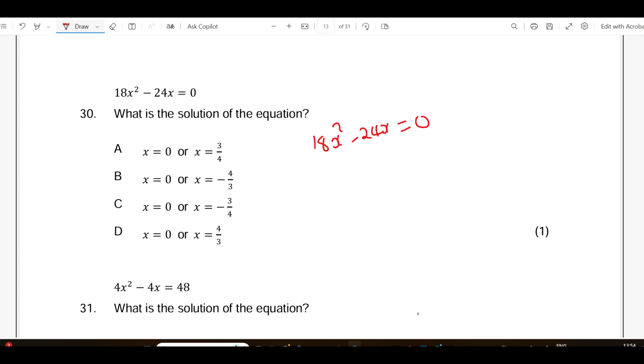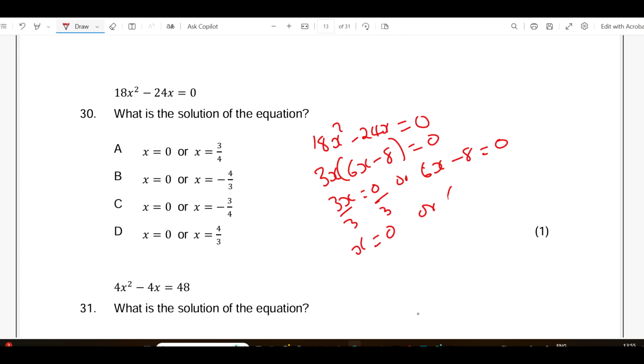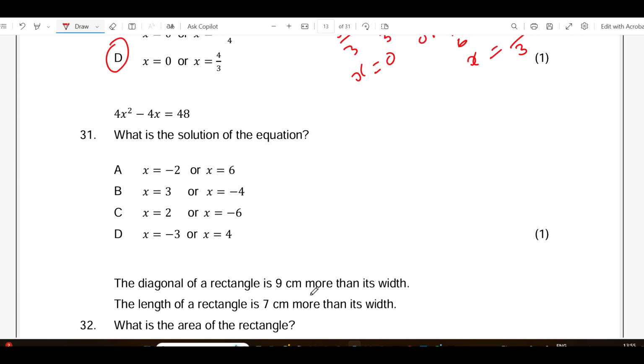The lowest one here is going to be 3x. 18x squared divided by 3x is going to give me 6x, minus 8 equals 0. 3x equals 0, or 6x minus 8 is going to be 0. I divide by 3, 3x is 0. Or 6x is going to be 8, I'll divide by 6. Therefore, x is going to be 4 over 3. The correct answer is going to be D.